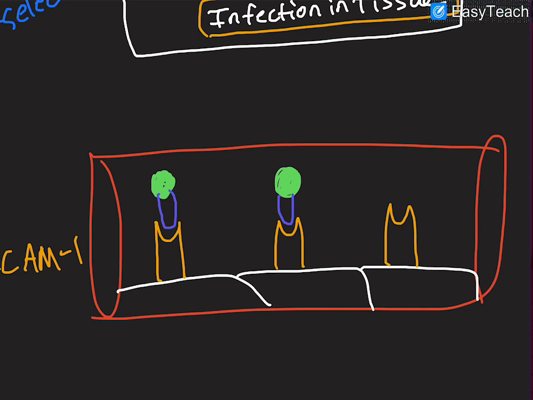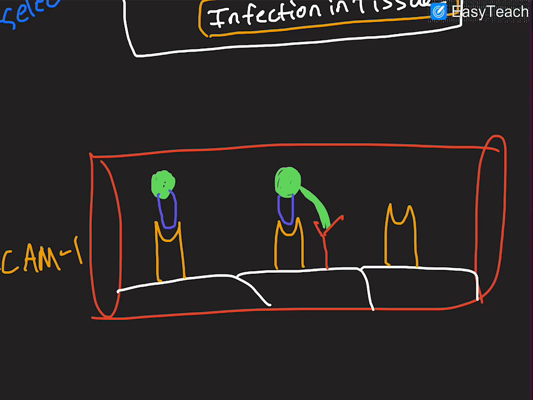This will cause tight adhesion. So now the leukocytes are firmly attached to the endothelial cells. And remember also, these leukocytes have the sialyl Lewis X that's bound onto the P or E selectins. So now it's firmly attached.